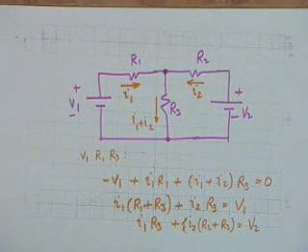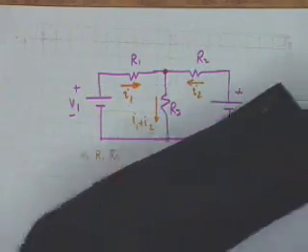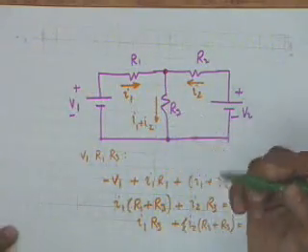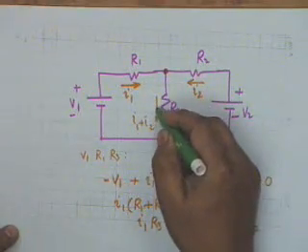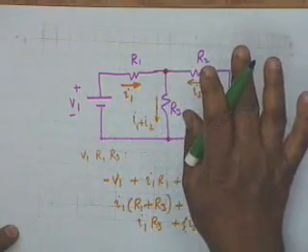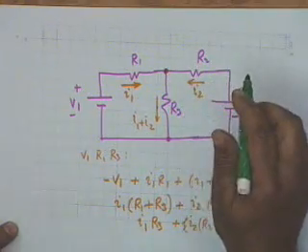Let me point out right at this point that instead of formulating arbitrarily two currents like this, we could have formulated a loop current. I am taking a detour now to illustrate what is known as a loop analysis.